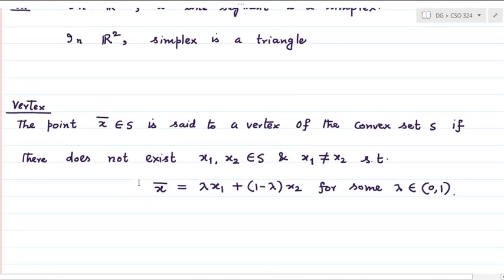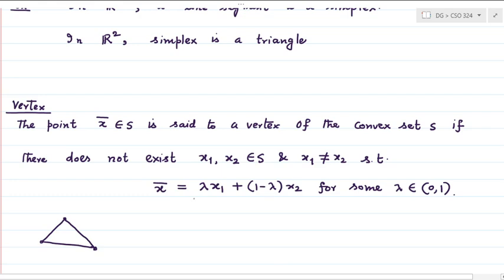So here, for instance, if I am considering a triangle, what are the vertices of this triangle? Precisely, you notice that this point is a vertex, this point is also a vertex, this point is also a vertex, because for this particular point you don't have any other pair of distinct points x1, x2 such that x bar is equal to lambda x1 plus 1 minus lambda x2.